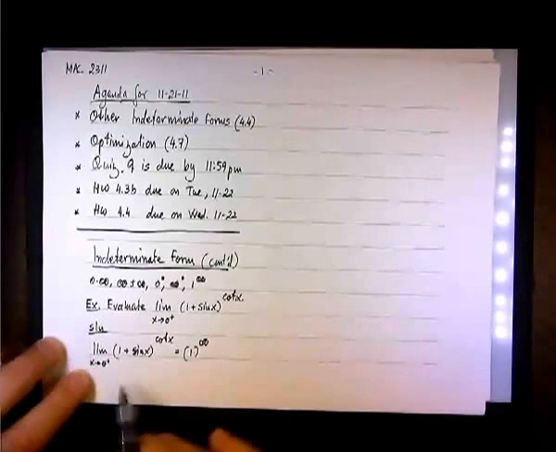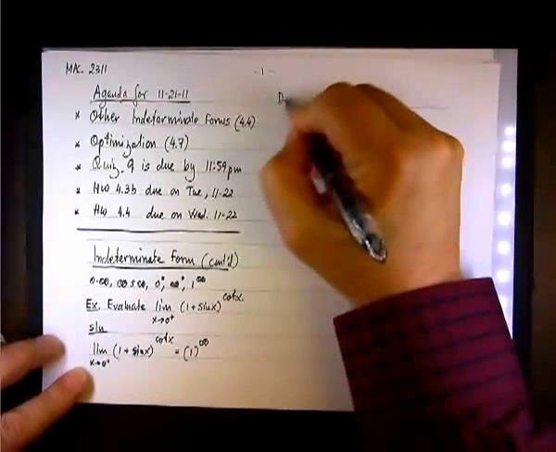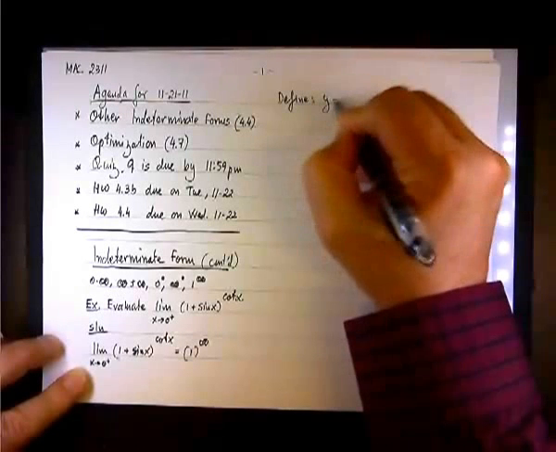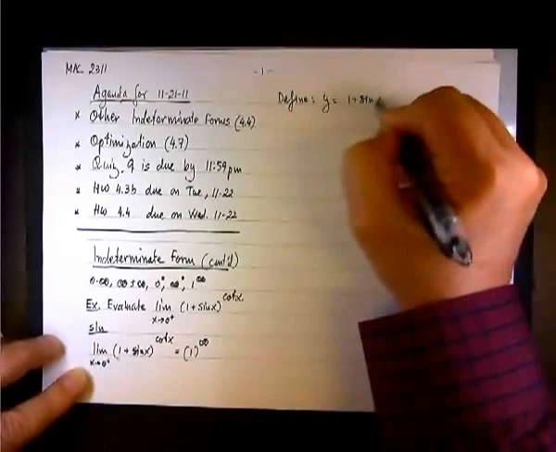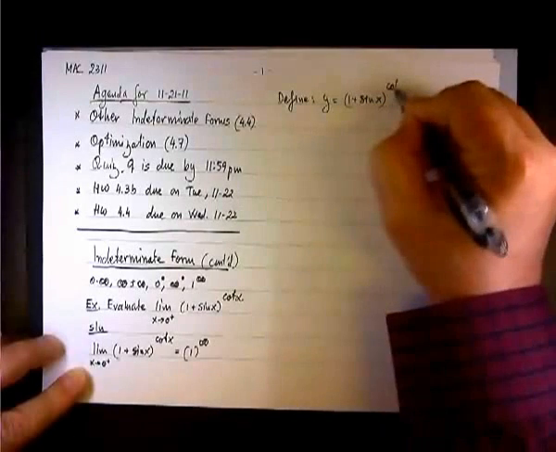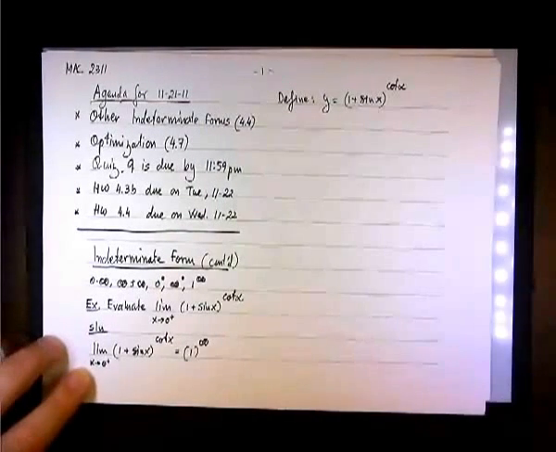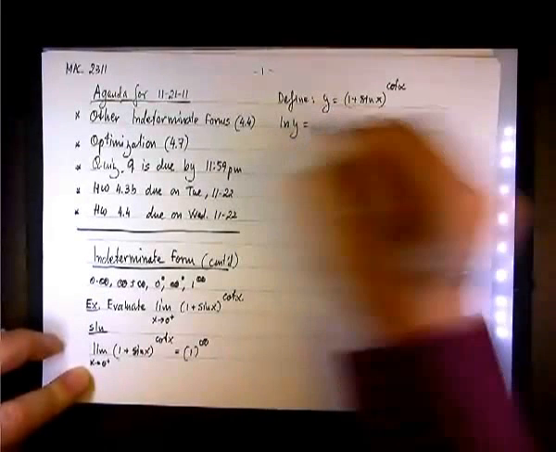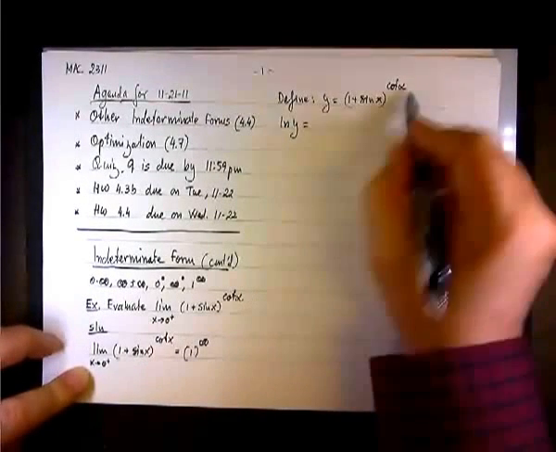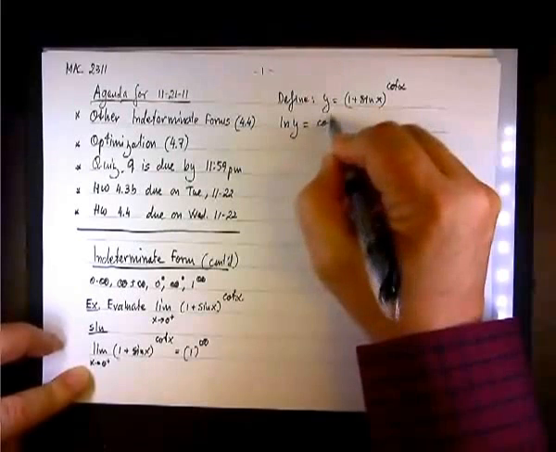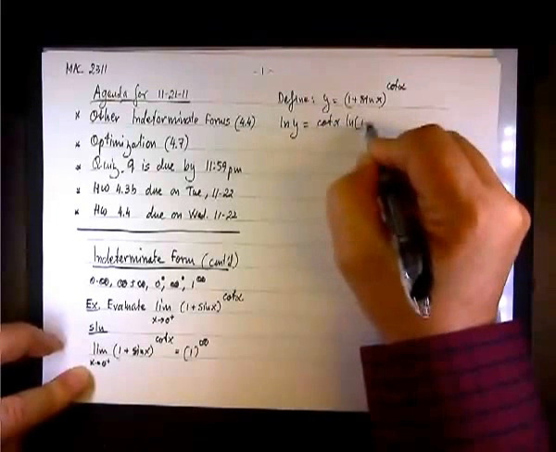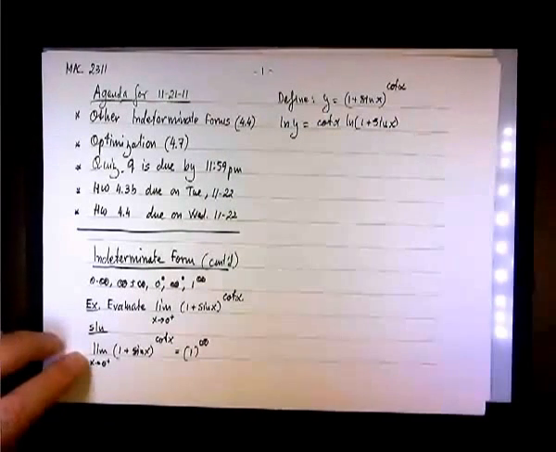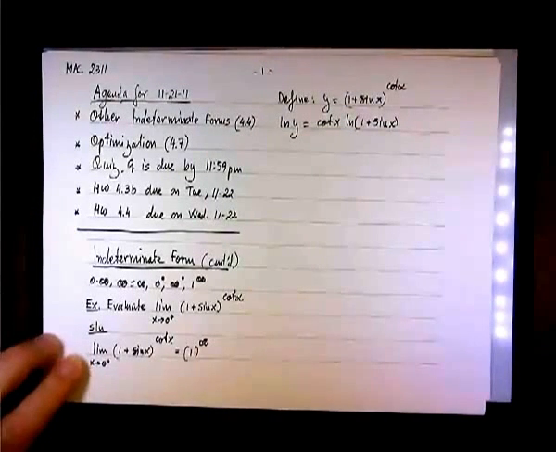So, for instance, if I define y equals 1 plus sine x raised to the power of cotangent x, and then the natural log of y will be the natural log of this expression. Well, it's cotangent x times the natural log of 1 plus sine x. And then perhaps I can work with this expression.